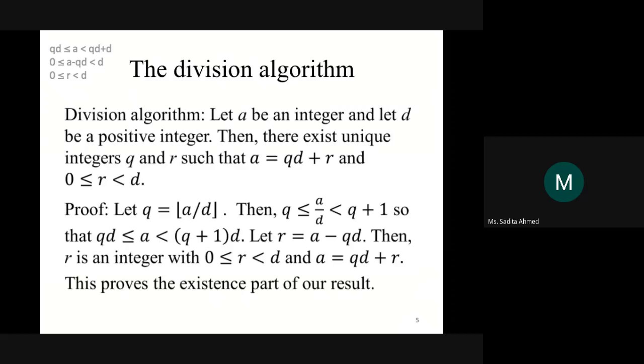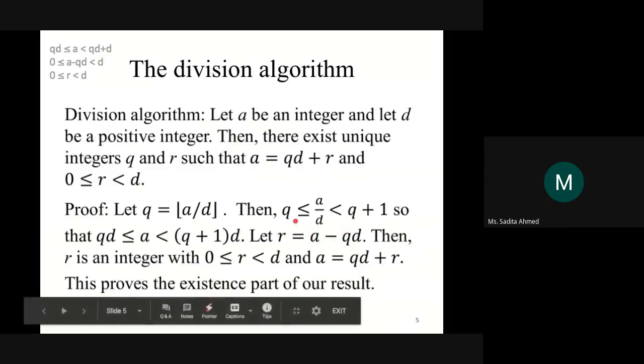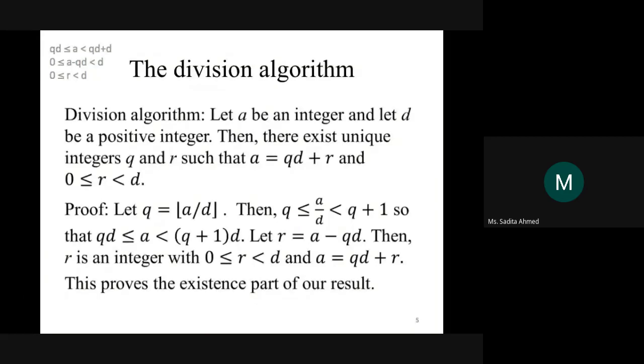In that case, q is the largest integer that is less than this result, so basically the next integer to the left of it on the number line. So in that case, q plus 1 will always be greater than a by d.